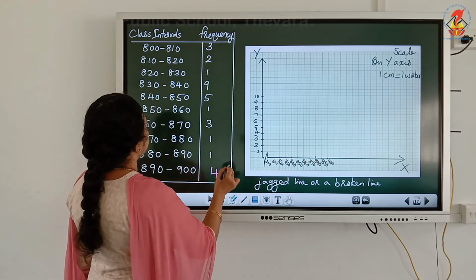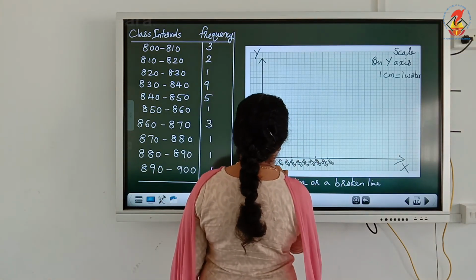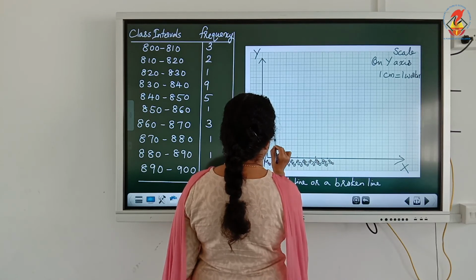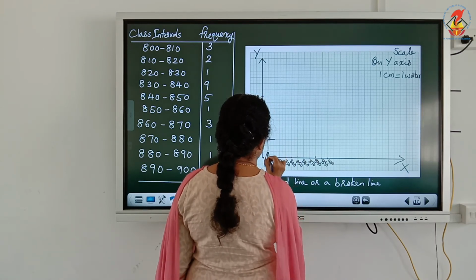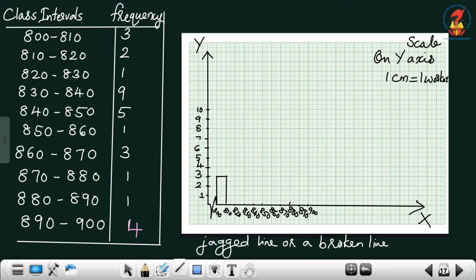Now the first one, 800 to 810, is 3. Next, 810 to 820, the value is 2. Then 820 to 830, 1. Then 830 to 840, 9.